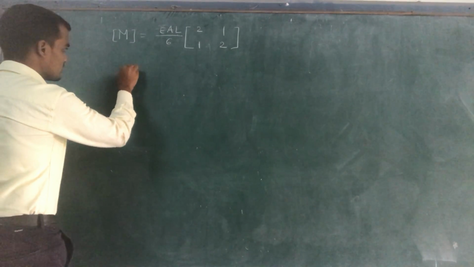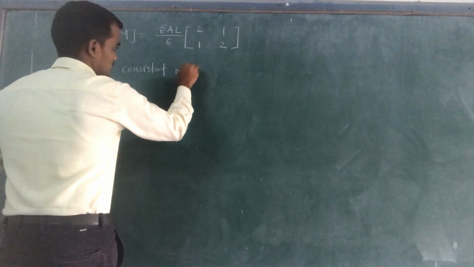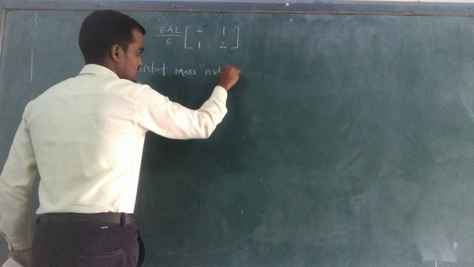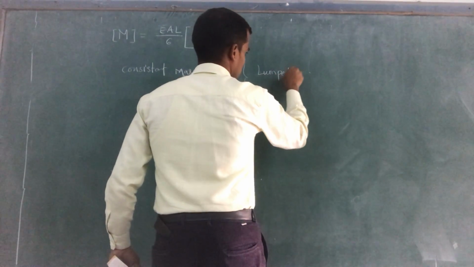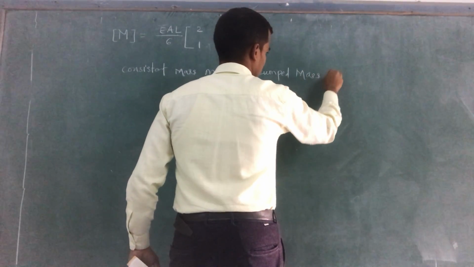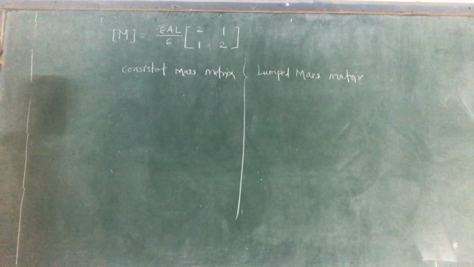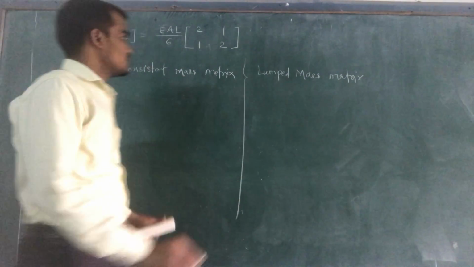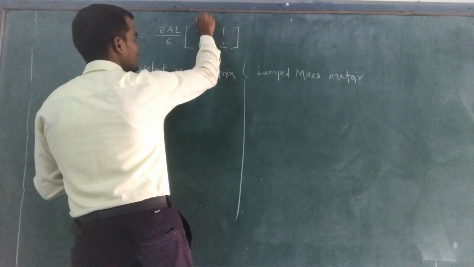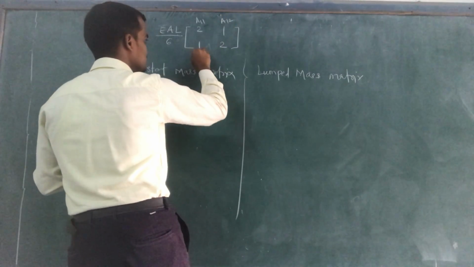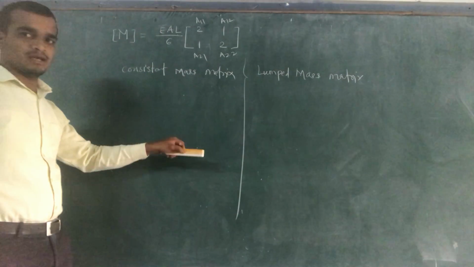So what do we mean by consistent mass matrix, and what is the meaning of lumped mass matrix? These are the elements of this mass matrix: A11, A12, A21, A22.